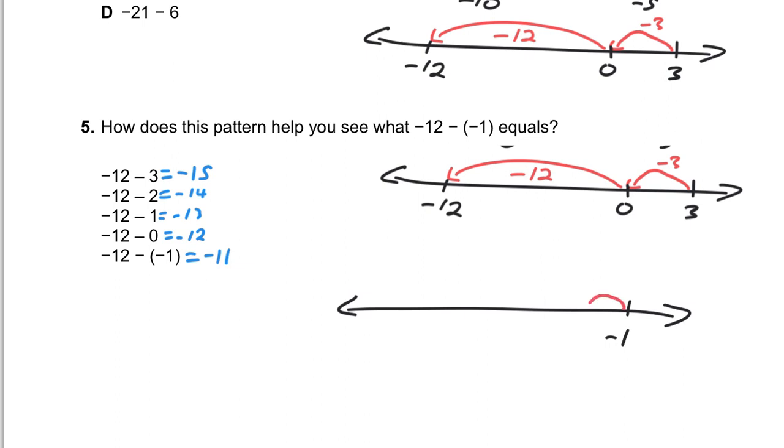We would go negative 2, negative 3, negative 4, negative 5, negative 6, negative 7, negative 8, negative 9, negative 10, negative 11, negative 12. How many jumps did we take? Let's count them. 1, 2, 3, 4, 5, 6, 7, 8, 9, 10, 11. We went negative 11, which matches perfectly with what the answer should be.